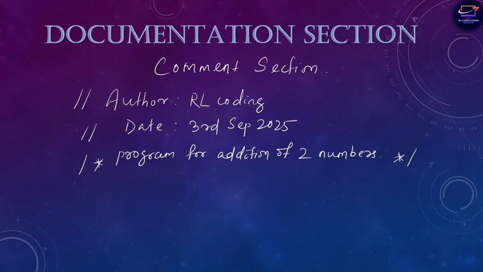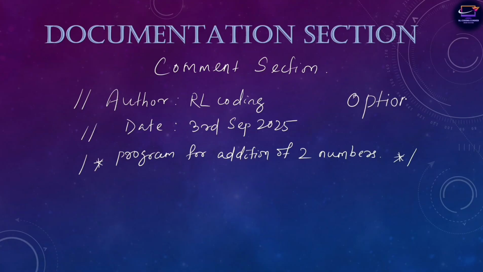So by looking at that code, you cannot easily understand what the program is all about. But if you look at this documentation section which is above the program, then you can easily understand who has developed this program, the date and time, and what the program is all about, right? So this section is just for understanding and to enhance the readability of the program, and it is completely optional.